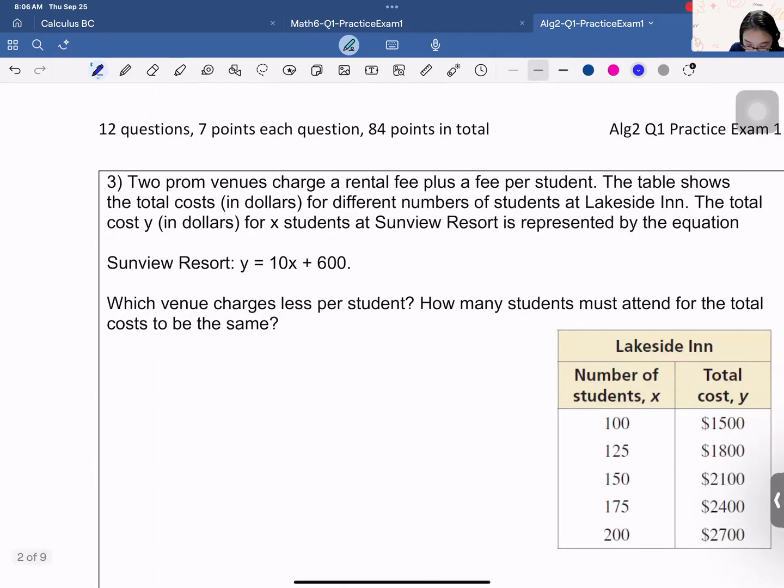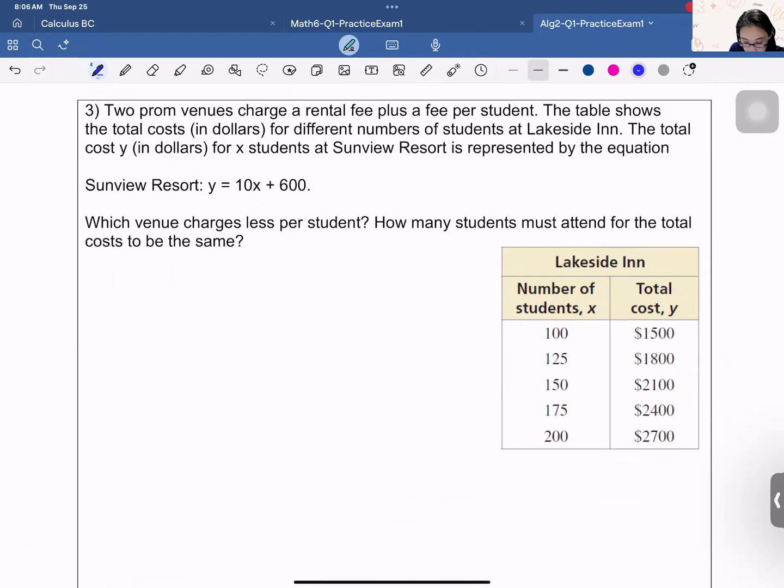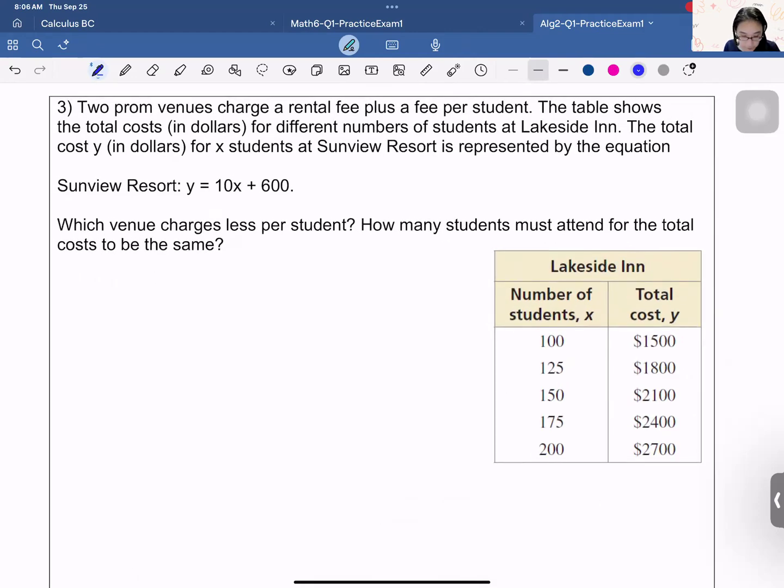For question 3, you will be asked to compare linear models. I have two options that charge a rental fee plus a fee per student. The rental fee is the venue rental, and the more students come, the more I want to charge, because more students make more mess than fewer students.